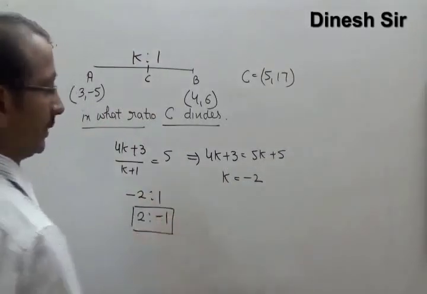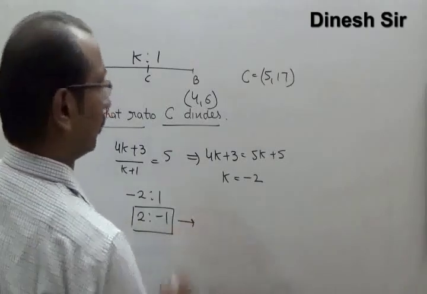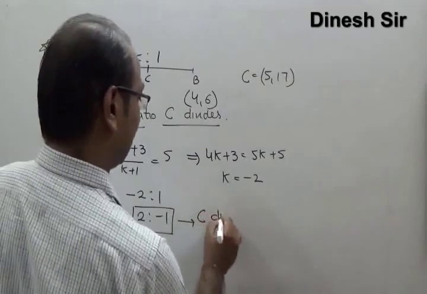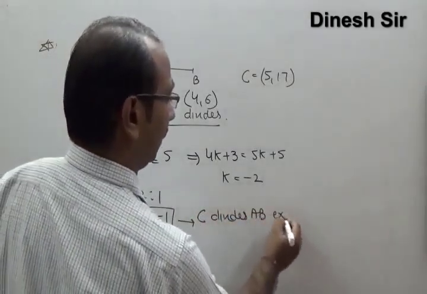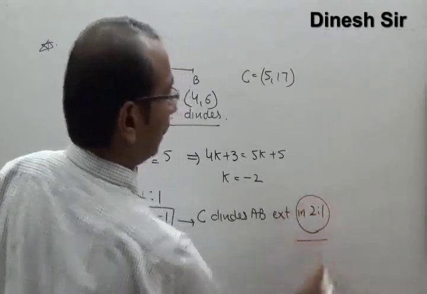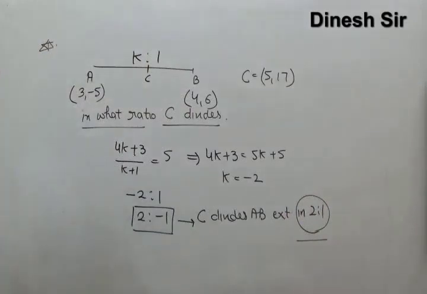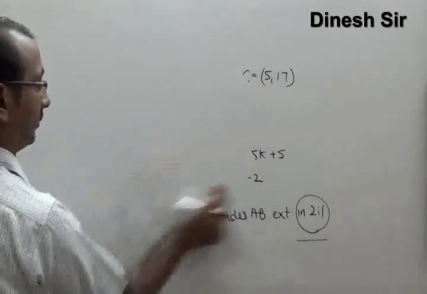We know that when it is negative, we take it as external division. So my answer to this question is that C divides AB externally in 2:1. I hope the idea is clear. This concept is known as external division.